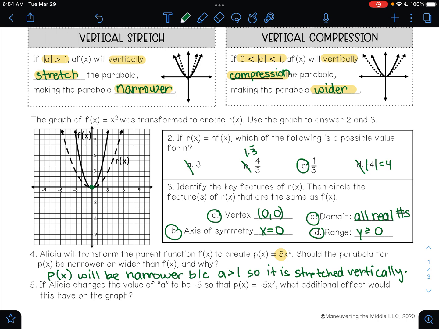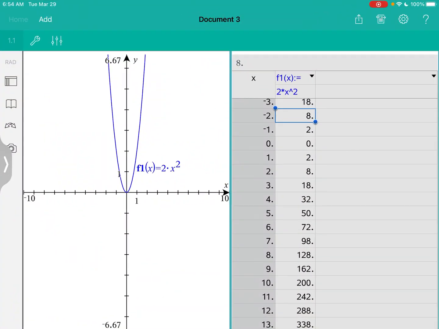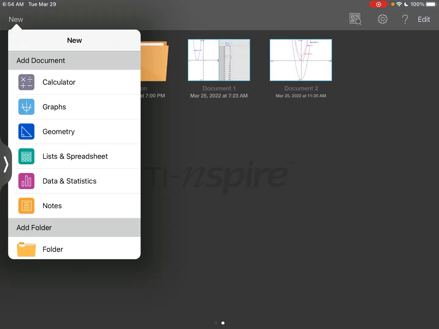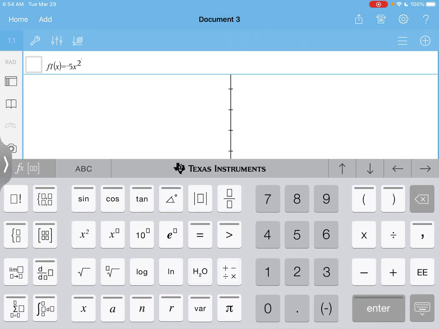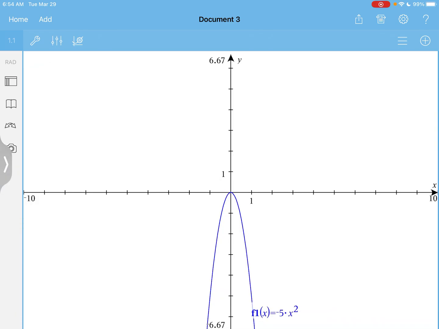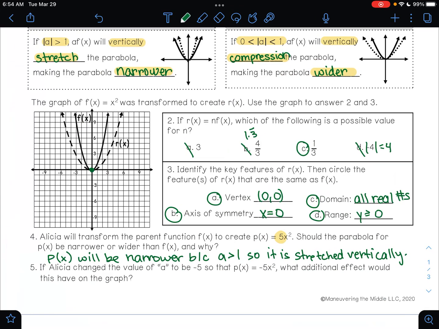Okay, now if Alicia changed her value of a to be -5, so that p of x equals -5x squared, what additional effect would that have on this graph? Well, if we graph that real quick so we can see, I'm going to go to a new graph. I'm going to type in -5x squared so we can see what happens. We already know that the 5 is going to make it narrower, but it also causes it to reflect down about the x-axis.